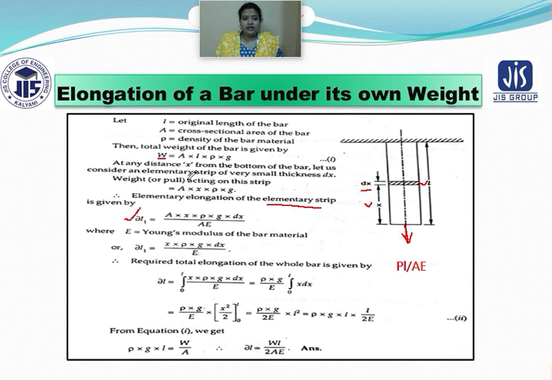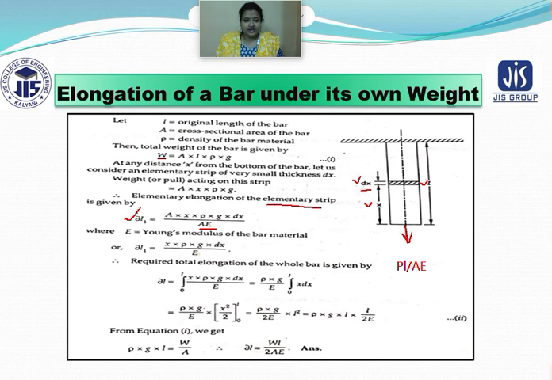So area into x into rho into g, into the length L. The length L here means the length of the elementary strip, which has been already considered as dx. So you are using dx here, by area into modulus of elasticity.